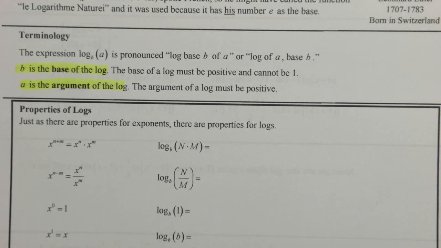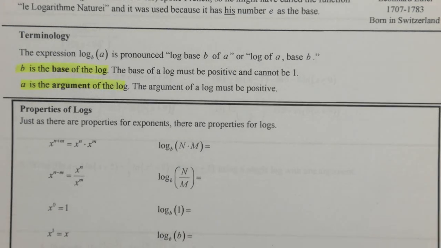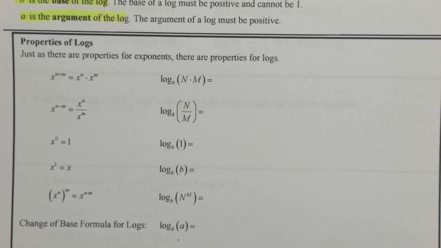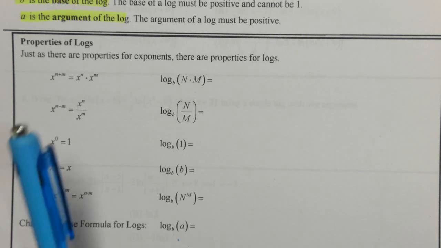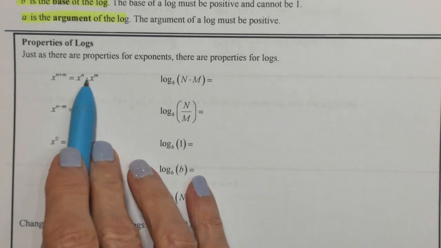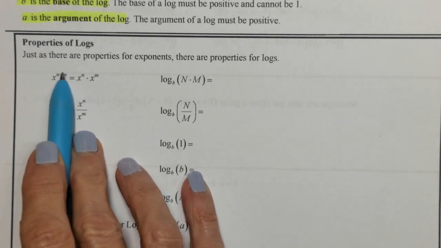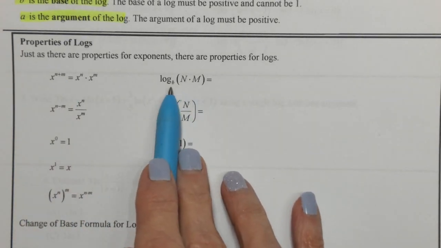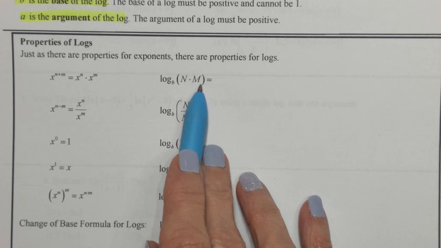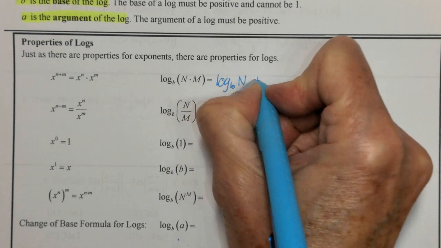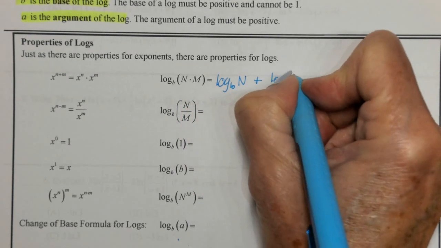Okay? Properties of logs. Just as we have properties for exponents, we have properties for logs. They definitely relate to each other. Just as multiplication in exponentials somehow does something with addition, we do the same thing for logs. Log base b of n times m is log base b of n plus log base b of m.